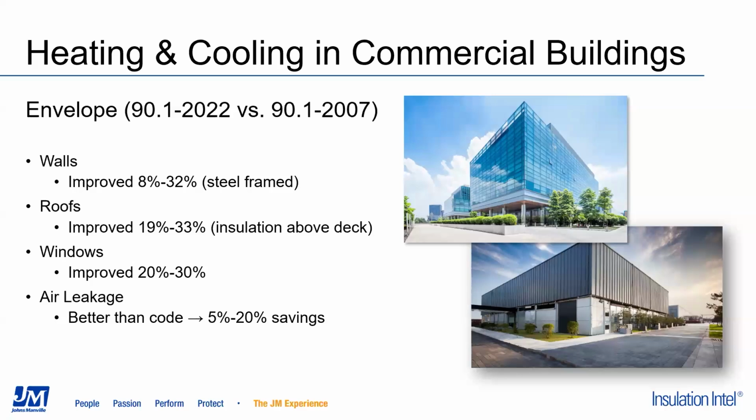So, heating and cooling for commercial buildings. If we're talking about new construction and looking at envelope improvements, the best thing that we can do is build to the most current commercial code. In the US, that's ASHRAE 90.1, the 2022 version.